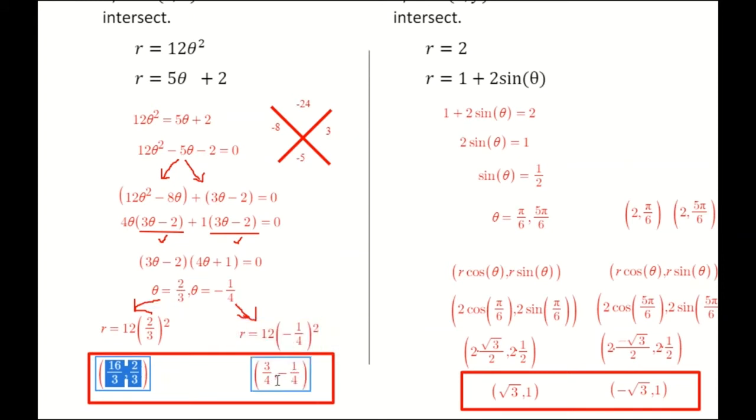I just personally don't know how to put polar form points into Desmos, so you would have to convert this to rectangular form first and then input that into Desmos. It's kind of weird because it will take the polar equations, but it doesn't seem to like the polar points. I've got to do a little digging to figure out how to plot those. But if you were to convert these to rectangular form, you could check that in the same way.